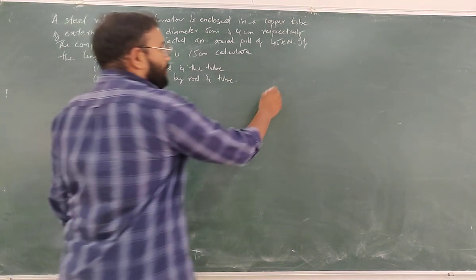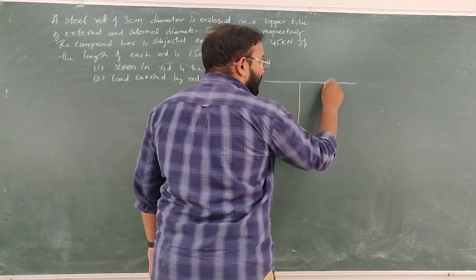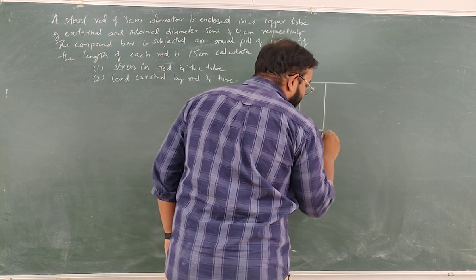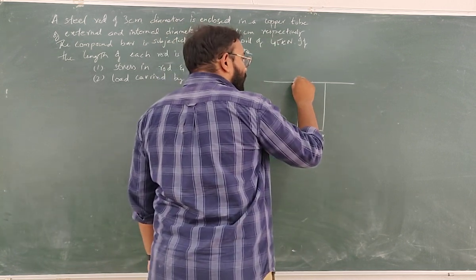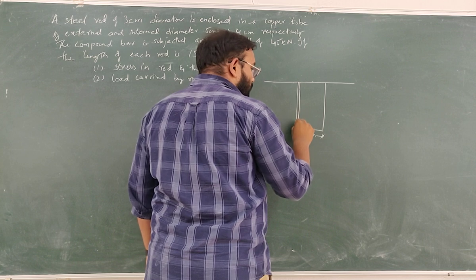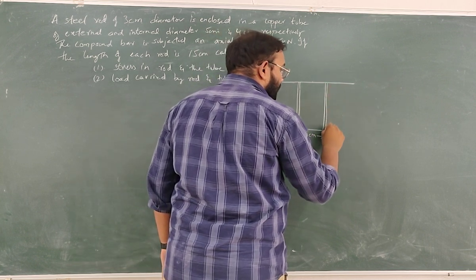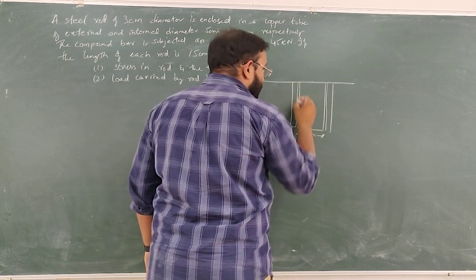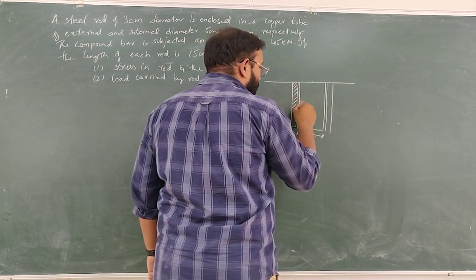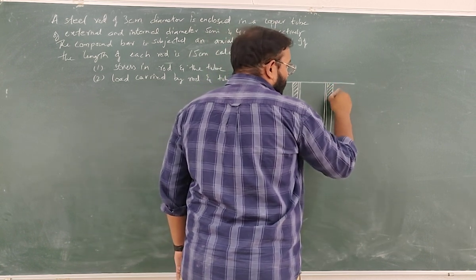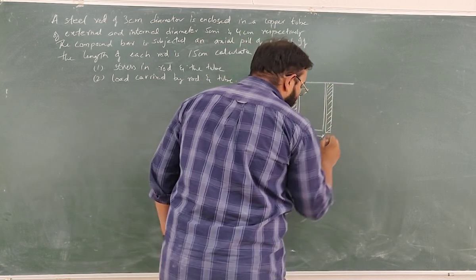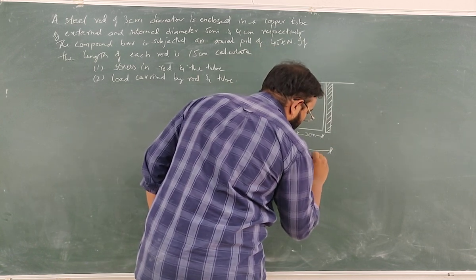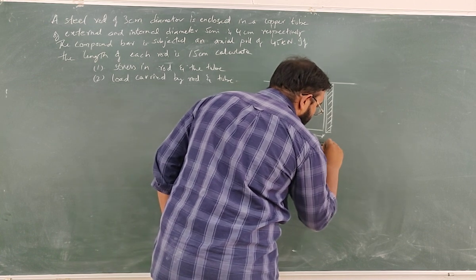Now you have a steel rod like this, whose diameter is 3 centimeters, which is enclosed in a copper tube of external diameter 5 centimeter and internal diameter 4 centimeter.